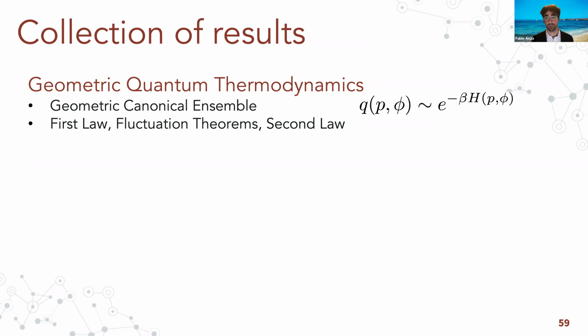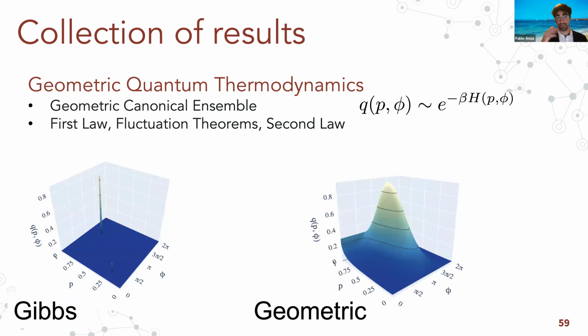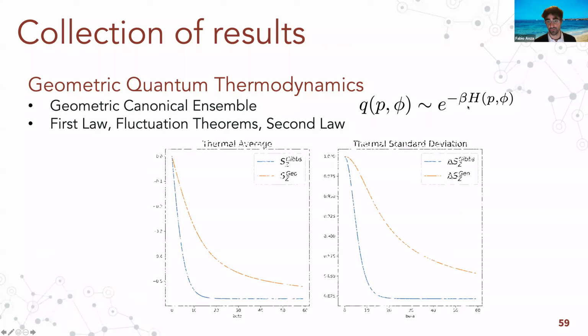using this geometric picture. So I've shown that there is a notion of thermodynamics that can be slightly different from standard quantum statistical mechanics, because the ensemble there is not just a direct sum of eigenvectors of a Hamiltonian weighted with Boltzmann coefficients, but you could imagine the situation in which you have a continuous ensemble that has the e to the minus beta shape with a Hamiltonian on top of that, and you can check that it gives you results that are qualitatively compatible with standard Gibbs statistical mechanics, but you can also tell that there is a difference.